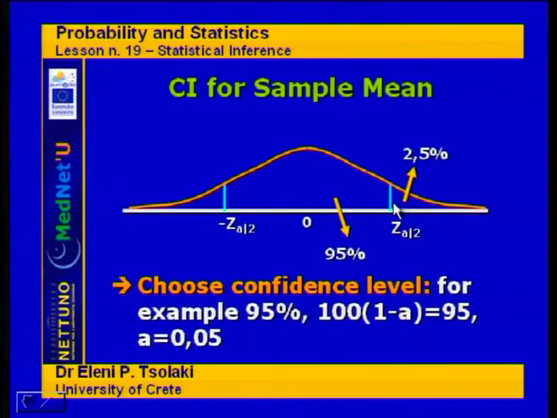So this part here is 2.5%, if we choose confidence level 95%. Now the point of the normal distribution which corresponds to leaving out an area of 2.5% is what we are going to call the Z a/2 point.